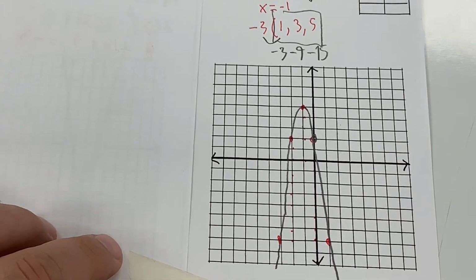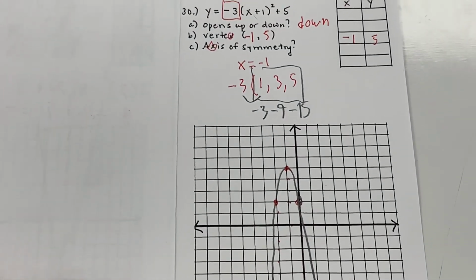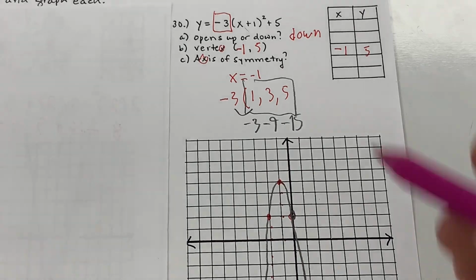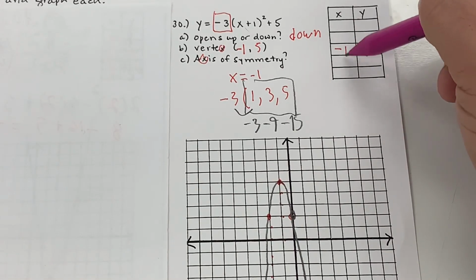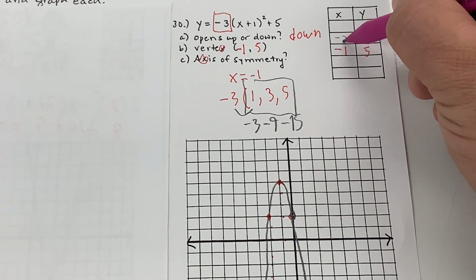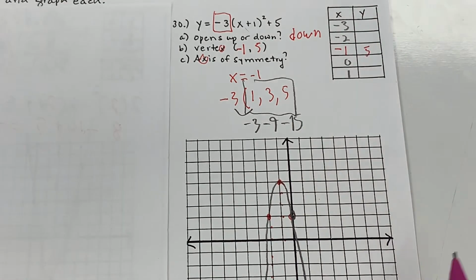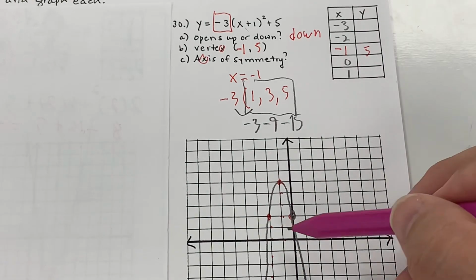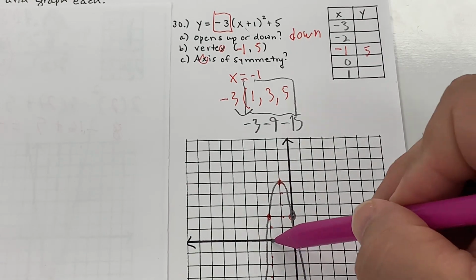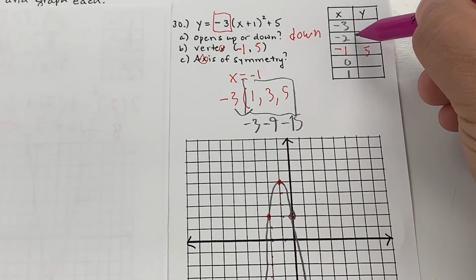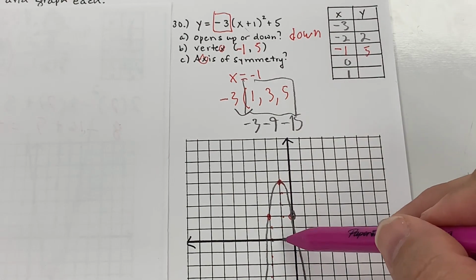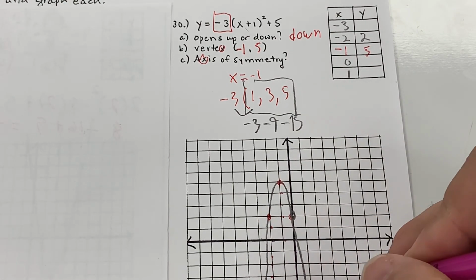I can plot my coordinates. I can write down my coordinates for my table of values. So I'm going to go below and above. So below negative 1 is negative 2, negative 3, and above is 0 and 1. So at negative 2, my value is 2. At negative 3, I have to find that coordinate way down here.